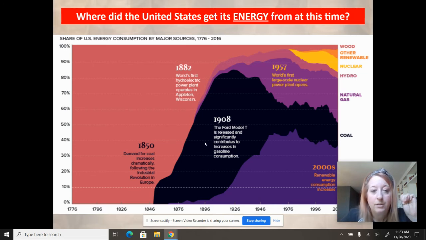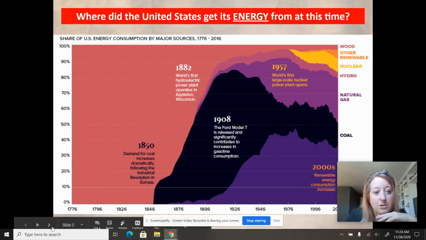But with the mass production of raw materials, we're going to see coal used not only in the steel industry, which I'll discuss, but that'll be powering the railroads. And then we're also going to see the rise of oil, which leads us into natural gas.